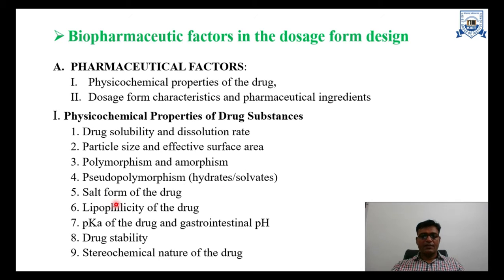Number five is salt form of the drug, lipophilicity of the drug, pKa of the drug and GIT pH, and drug stability, and the last one is the stereochemical nature of the drug. We will discuss all these factors under the physicochemical properties of the drug substance which affect the rate of absorption.